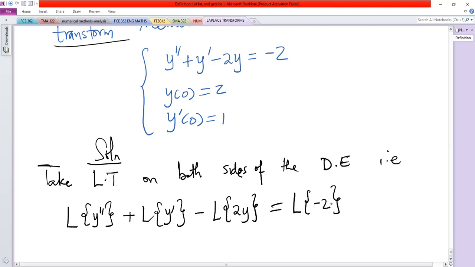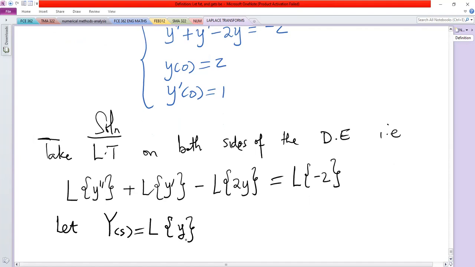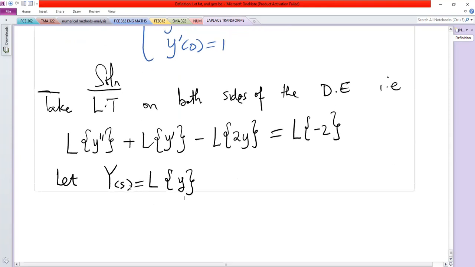And then let capital Y of s be the Laplace transform of y. Let's call this equation 1.